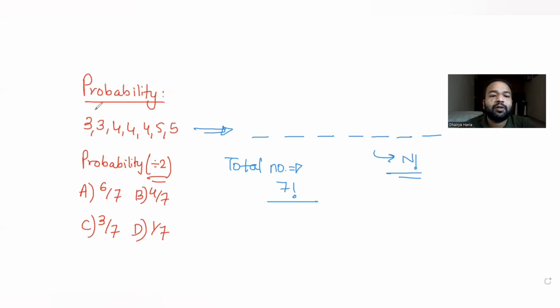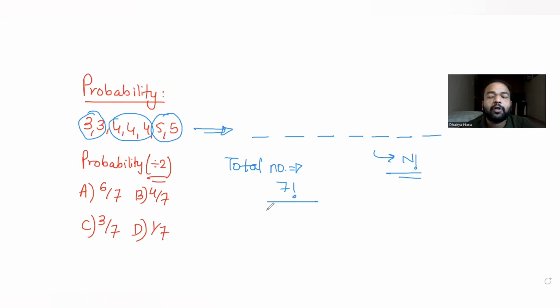But 3 is repeated 2 times, 4 is repeated 3 times, and 5 is repeated 2 times. Whenever repetition occurs, we divide by the factorial of the number of times it repeats.